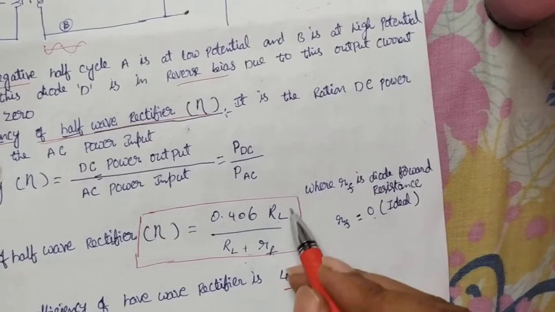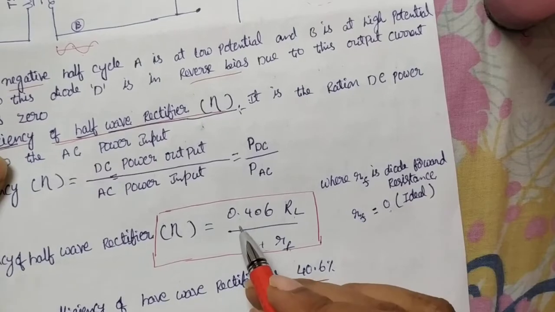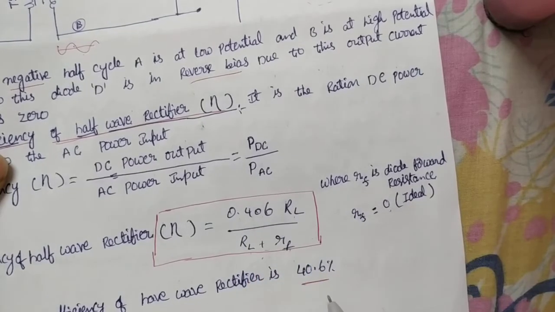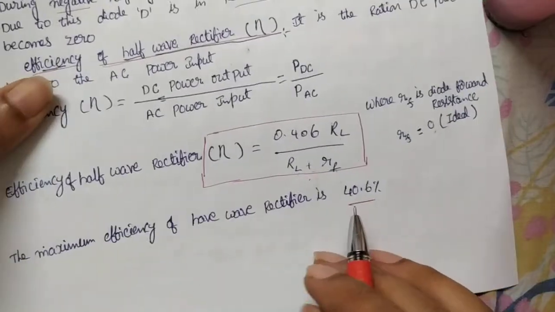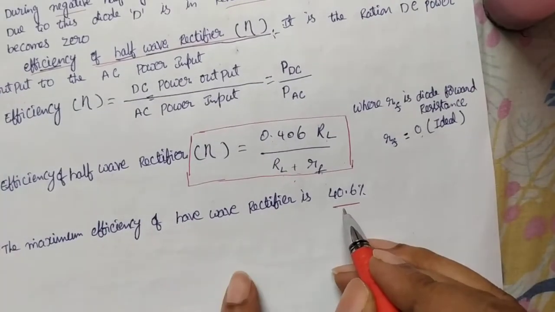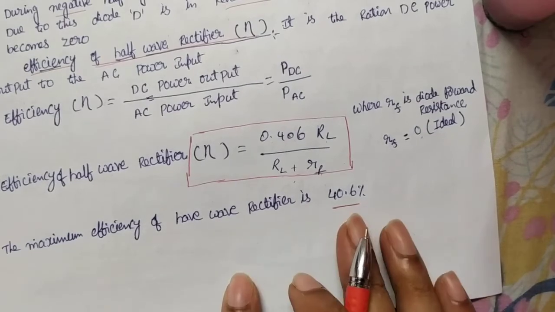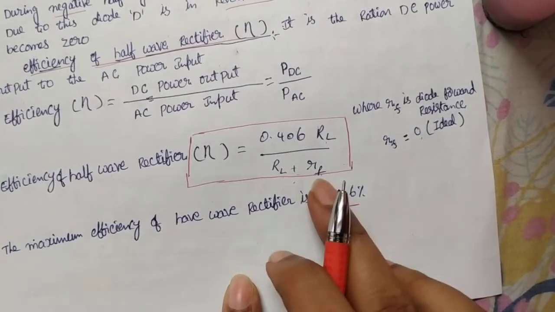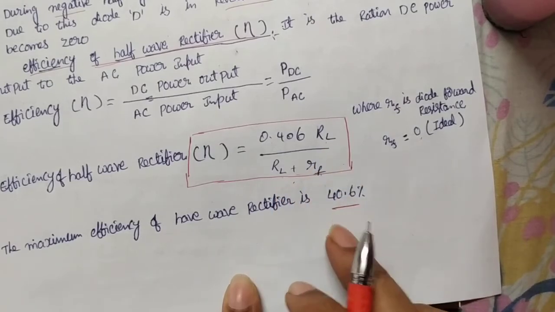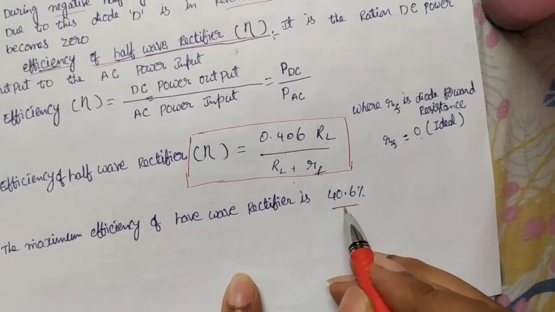Then R L cancels, leaving 0.406, and multiplied by 100 we get the percentage. The maximum efficiency of a half-wave rectifier is 40.6 percent. More than this is impossible, even if you use an ideal diode or a heavy resistance.